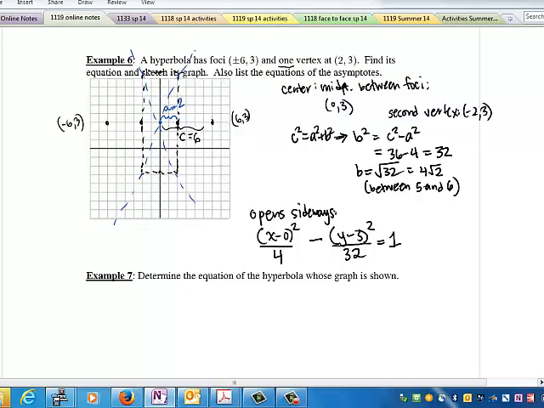And then go from our vertices out toward the asymptotes. There we go. Then it's also asking us to list the equations of the asymptotes.